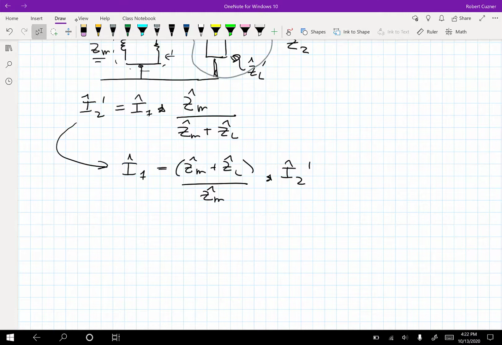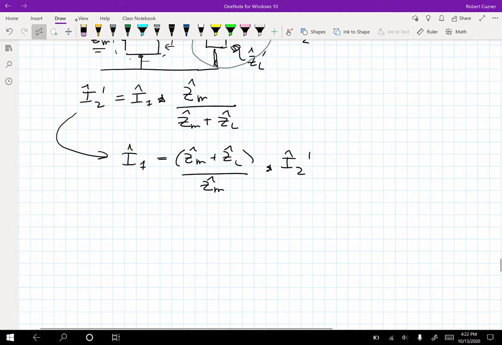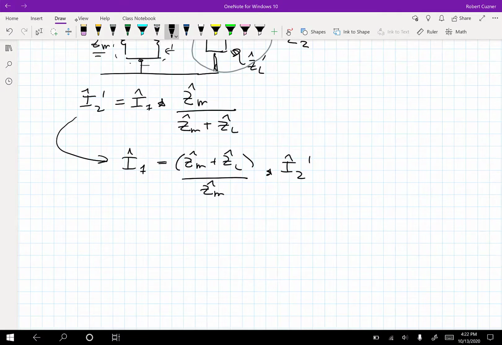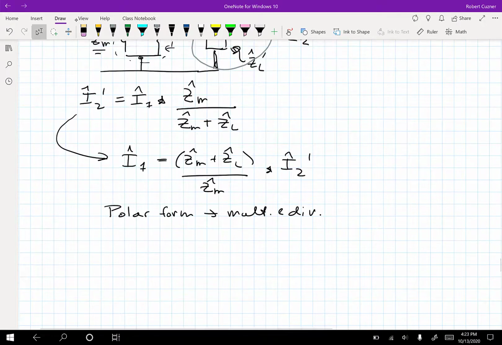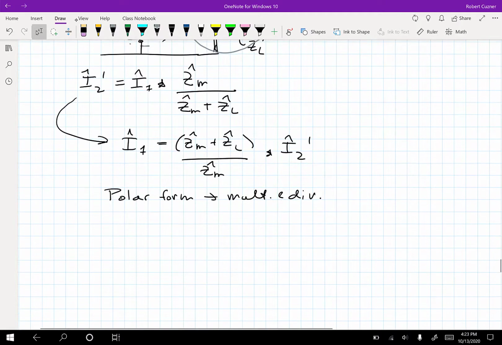First of all, we're going to remember that we need to have things in polar form to do multiplications and divisions. If you try to do those in Cartesian form, then it's just a math mess. Don't do it that way.